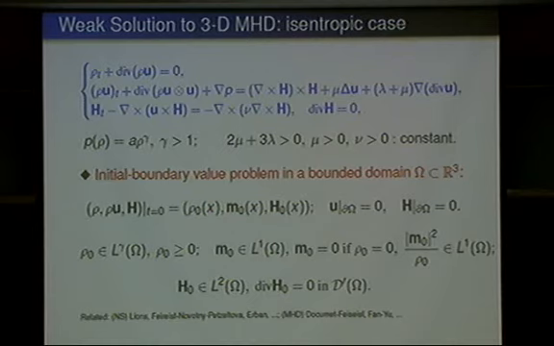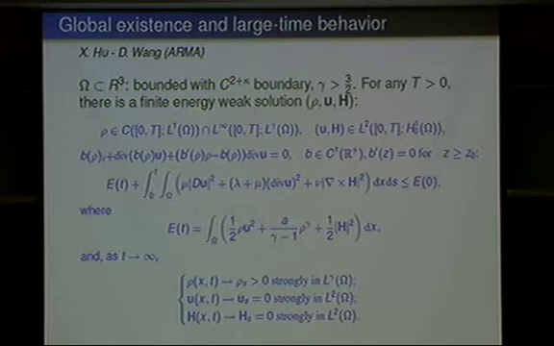We did this one, and with my student we looked at this problem, and we have this existence. Okay, so we have this global existence, called the finite energy weak solution. Of course, we have this renormalized solution in some sense, for this space, for the pressure or for the density here.